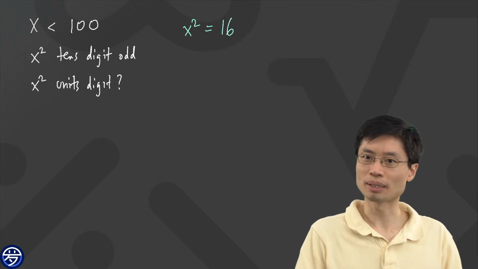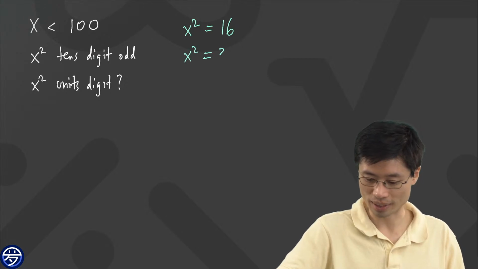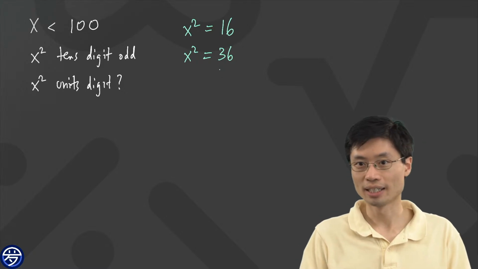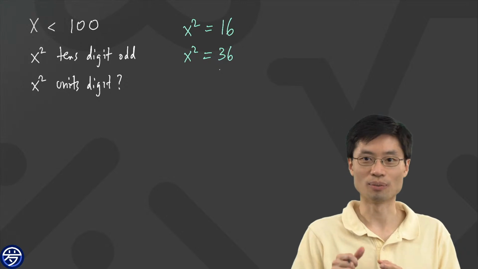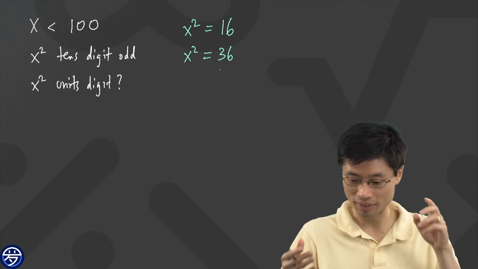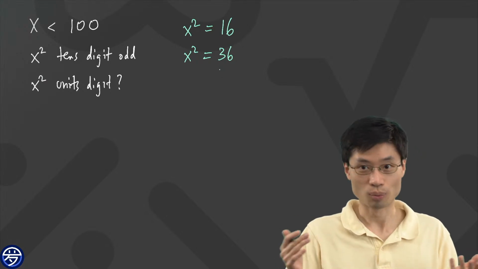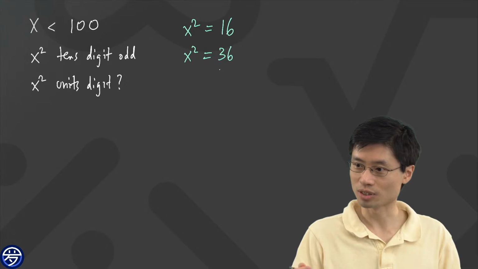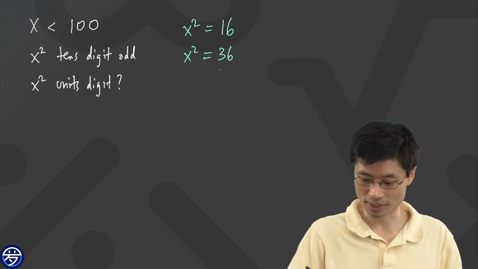But I assume I could do more too. Oh, I could do 36. X squared equals 36 works. Okay. What's next? 49, 64. Am I missing any squares? Okay, 1, 4, 9, 16, 25, 36, 49, 64, 81, 100, 121, that's 11 squared, 12 squared is 144, 13 squared is 169.